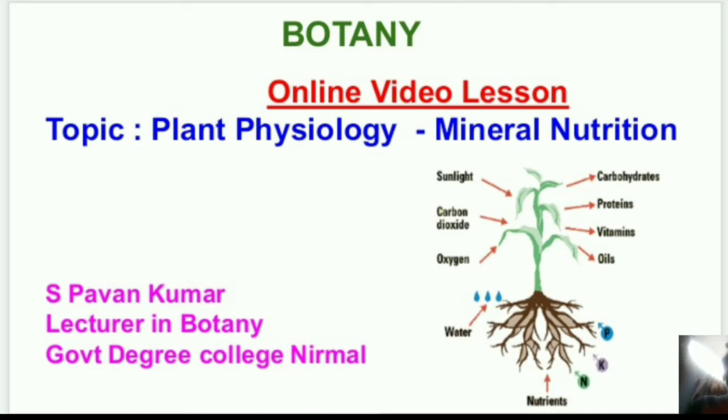So the elements such as carbon, hydrogen, oxygen, nitrogen, phosphorus, potassium, calcium, magnesium and sulfur. These elements are required in more concentration. These particular elements required in large concentrations are called macro elements.